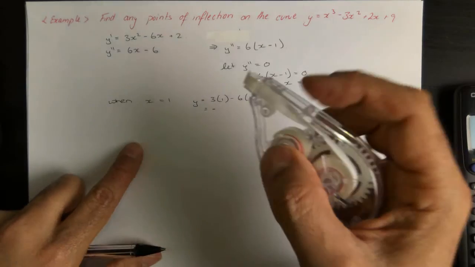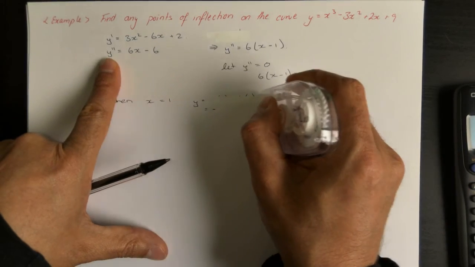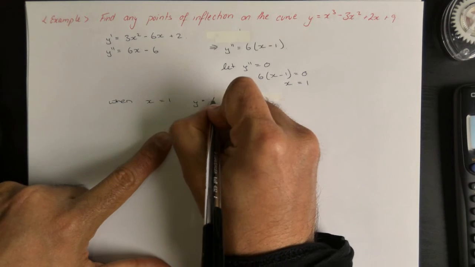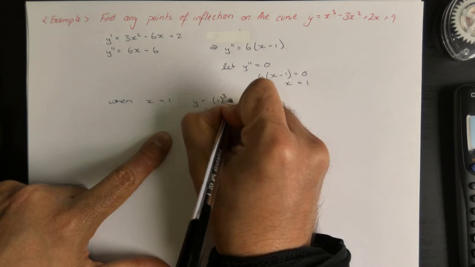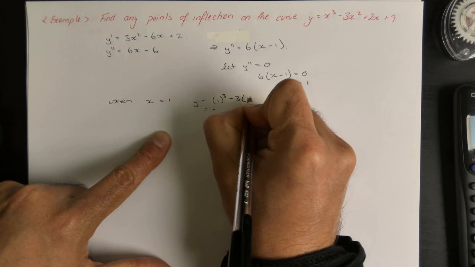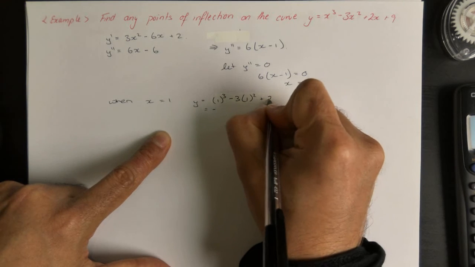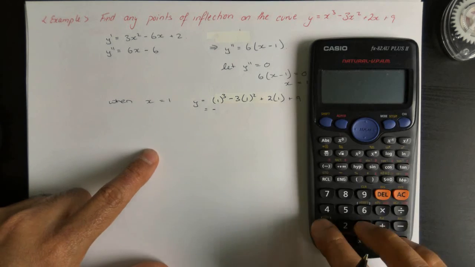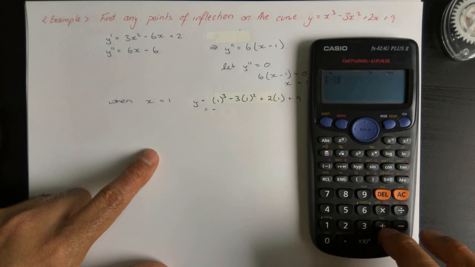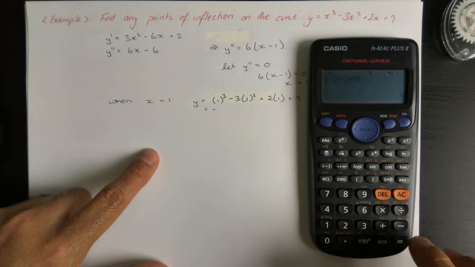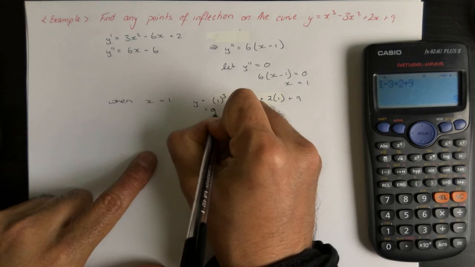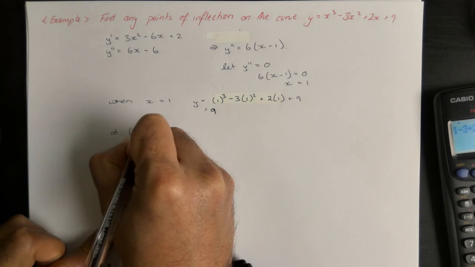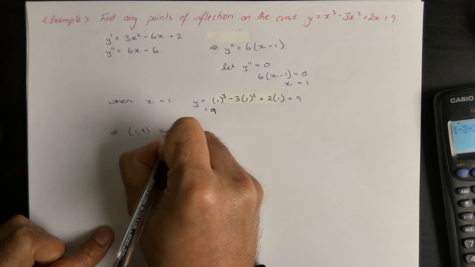Sorry, I lied. That's not the function, that's the derivative. I need to use this one. So 1 minus 3 plus 2 plus 9 gives me 9. Okay, so at (1, 9), there is a point of inflection.